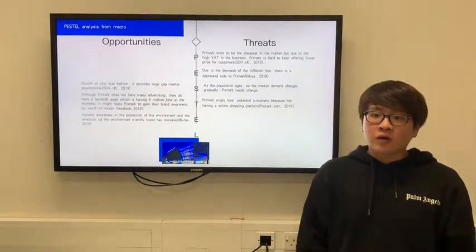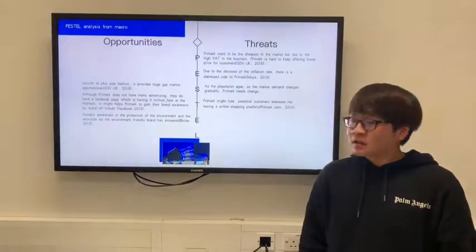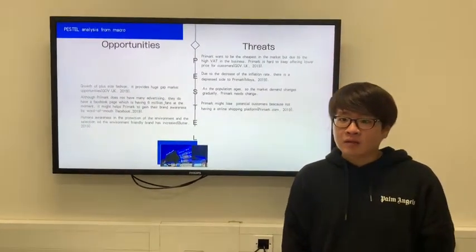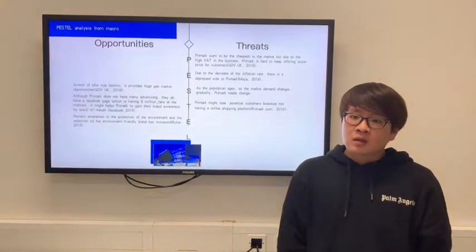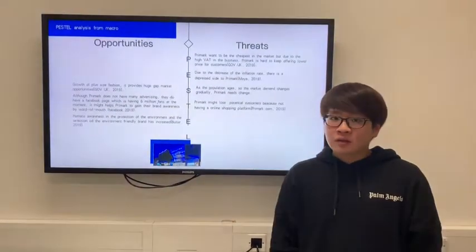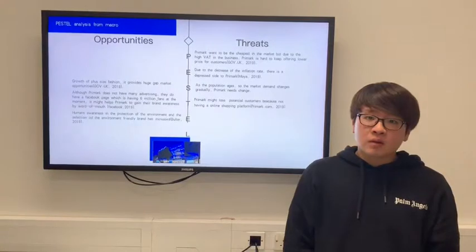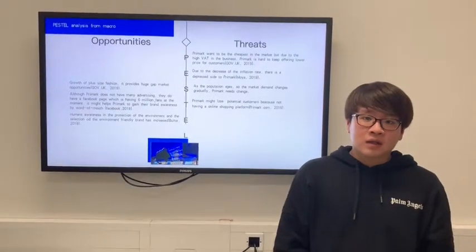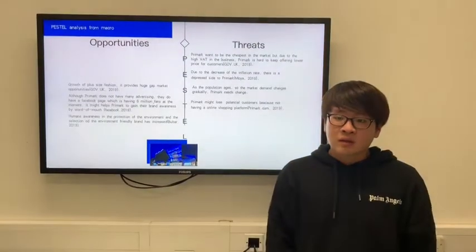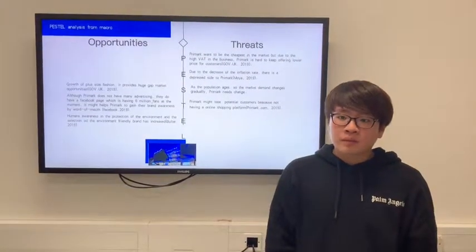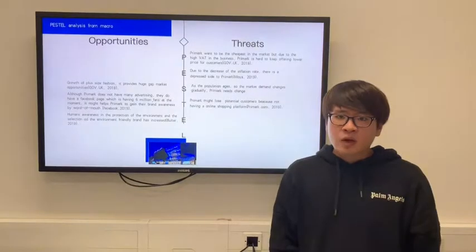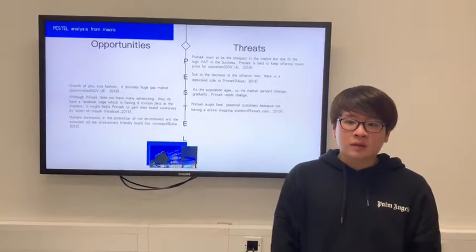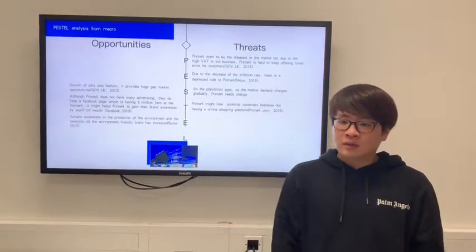In the economic factors, inflation has decreased, which may have an impact on PRIMARK, because people have more money to spend on higher quality and more expensive things that they want to buy. For PRIMARK, a retailer that advocates cheap clothes, this is a threat.